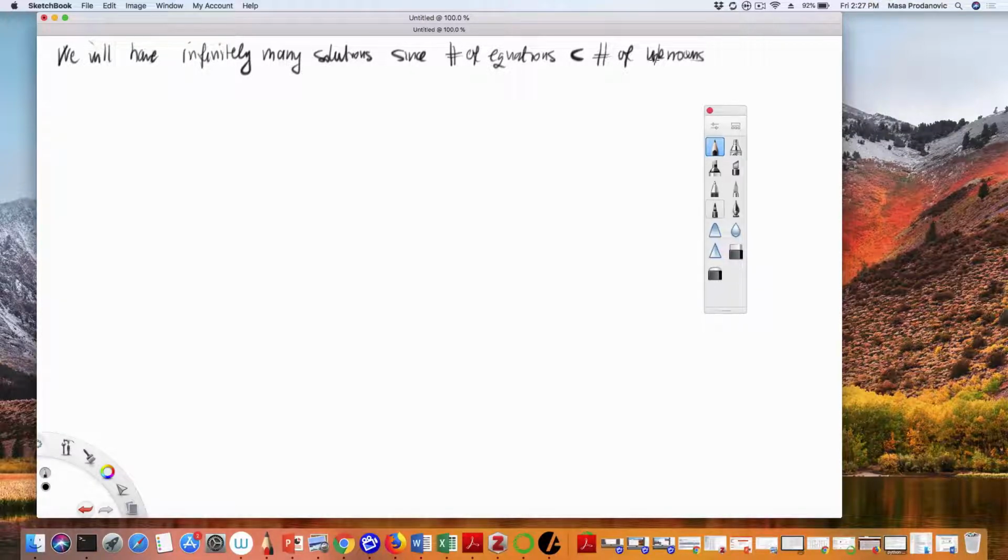So you can pick, so some of these x1s, x2s will be expressed in terms of the others. You can pick what you want to do if you're solving just by hand.